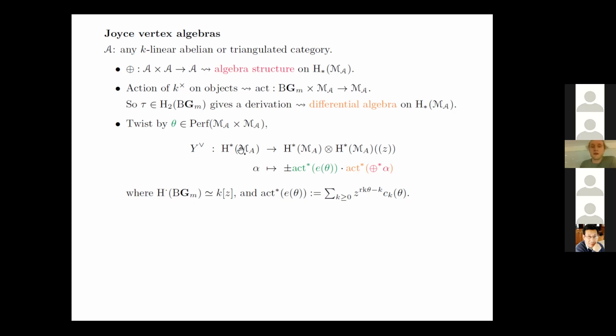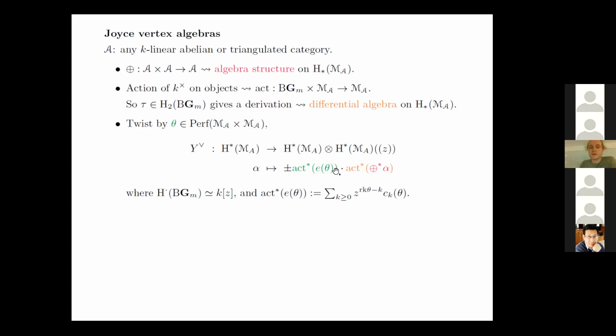So what is that? It takes an element alpha in the dual, so in the cohomology of this moduli stack, and pulls back by this direct sum map. This gives you the first vertex algebra structure, the dumb one. Then it pulls back by this action, identifying the cohomology of BG_m with the polynomial algebra in z. This gives you the holomorphic vertex algebra structure.